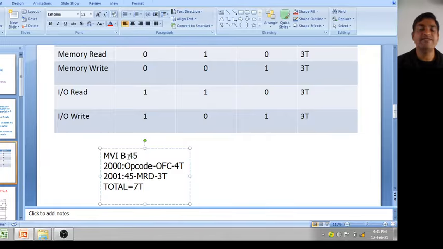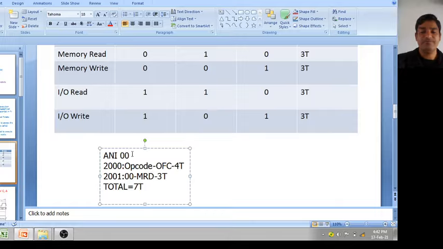Suppose I change this to ANI 00. Again it is immediate addressing mode, the same thing will happen. Only 7 T states are required: first opcode fetching, then memory read.